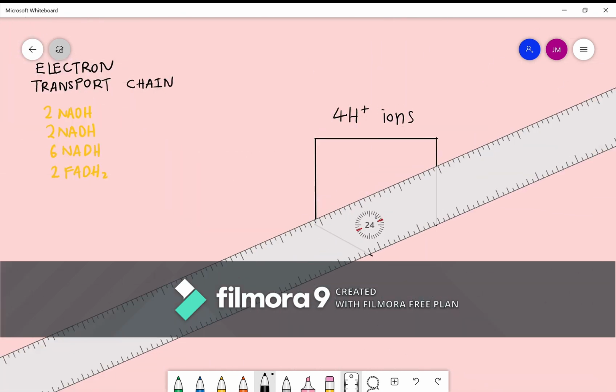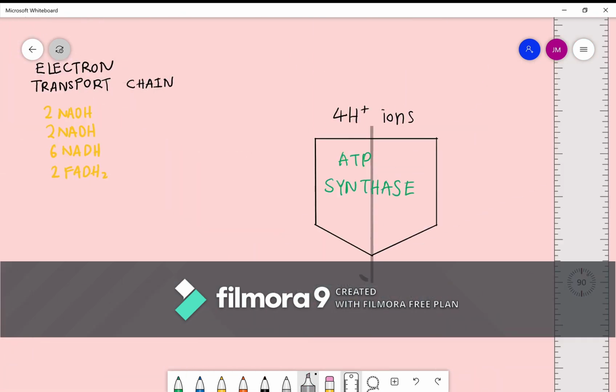For every 4 hydrogen ions that flow through the ATP synthase, 1 molecule of ATP is generated. So, when 4 hydrogen ions pass through the ATP synthase, it is utilized for the phosphorylation of 1 molecule of adenosine diphosphate. 1 molecule of NADH, which donates its electron to the electron transport chain, causes the movement of 10 hydrogen ions from the matrix to the intermembrane space.